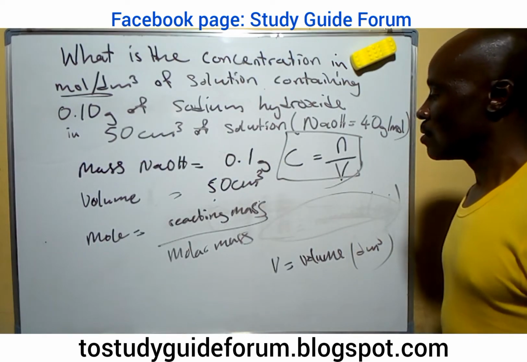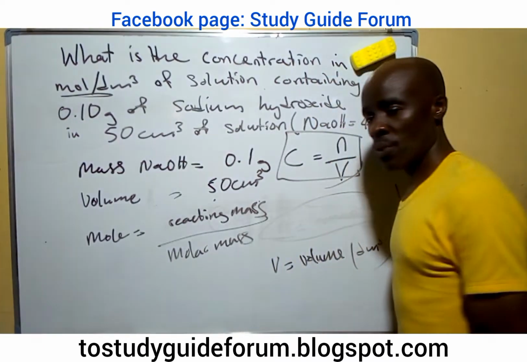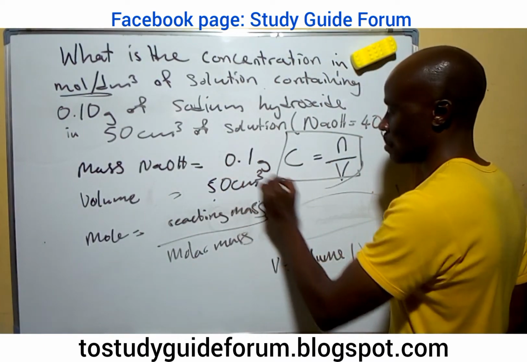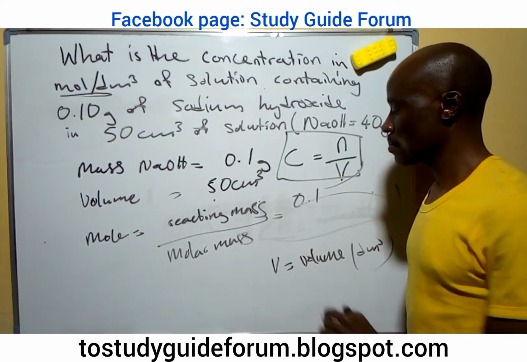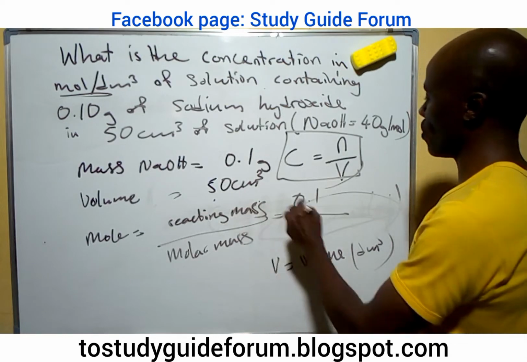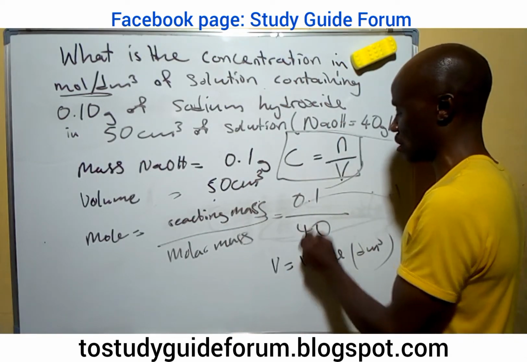So now our mass in question here, which we can consider as our reacting mass, is 0.1, while the molar mass is 40. That is, the molar mass of sodium hydroxide given to us is 40.